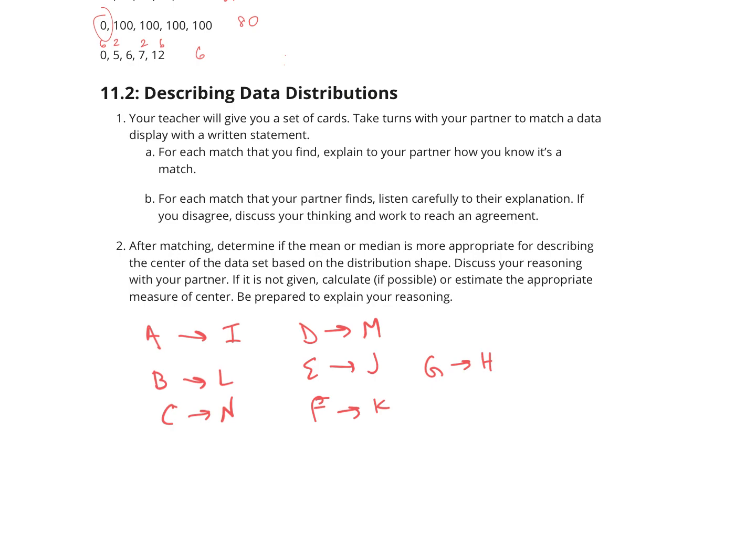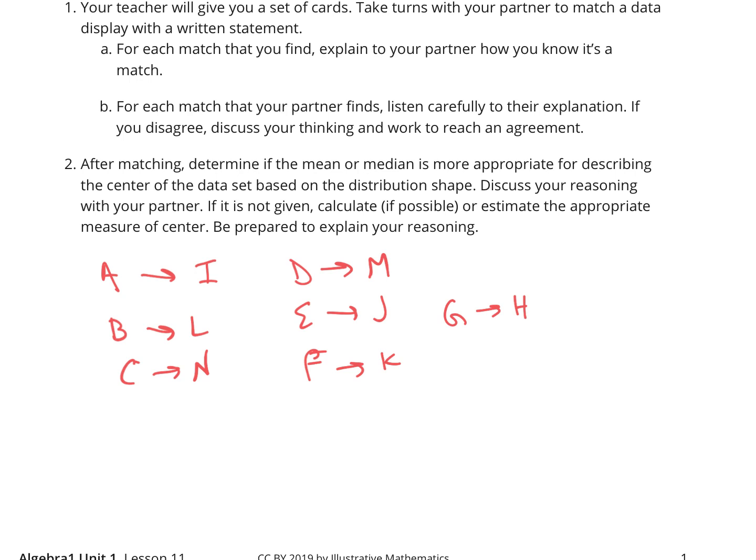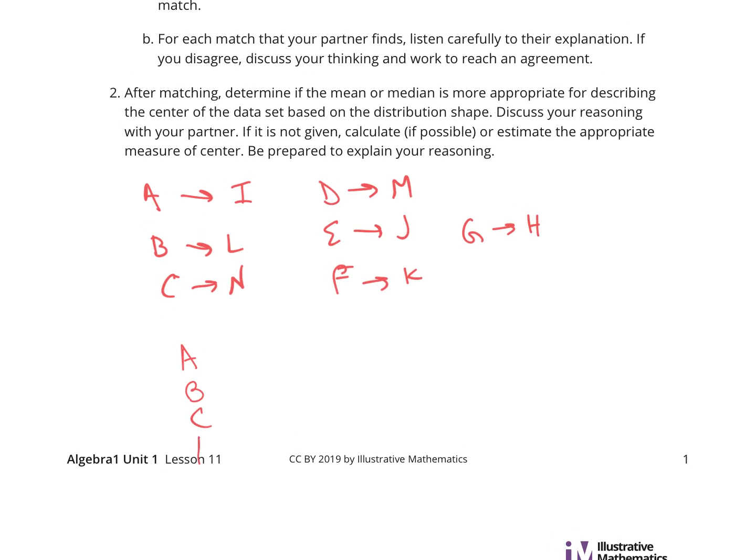So for these data displays, anything that is presented as symmetric, you're going to want to choose the mean as the best measure of center. The ones that are mainly symmetric are data display A, data display B, C, and then also F. So those four, you're going to want to use the mean for.